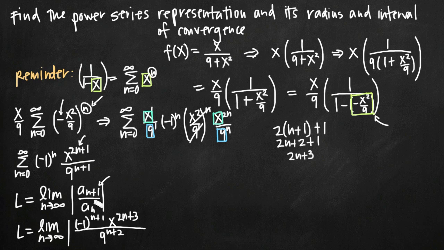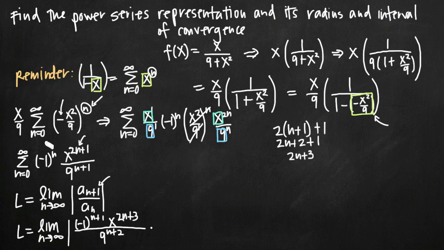We divide that then by a sub n, which is just our original series, this whole thing right here. Because we have a fraction divided by a fraction, instead of just dividing, we can combine two steps and multiply by the reciprocal. So instead of a big division problem, we get a multiplication problem.